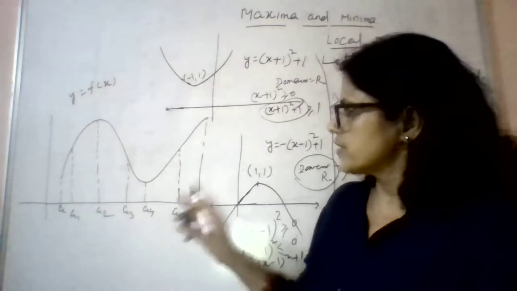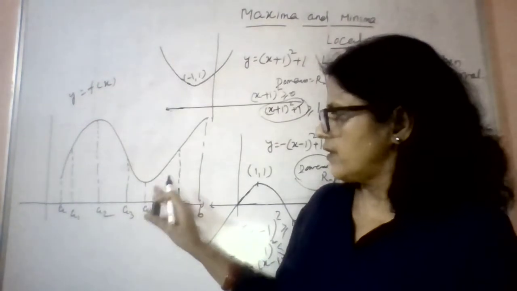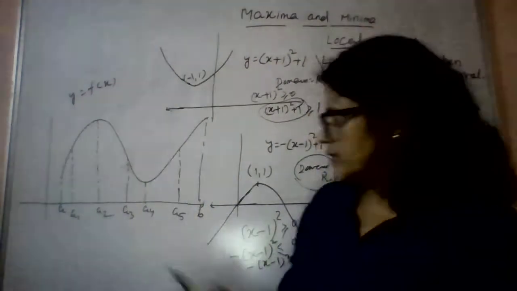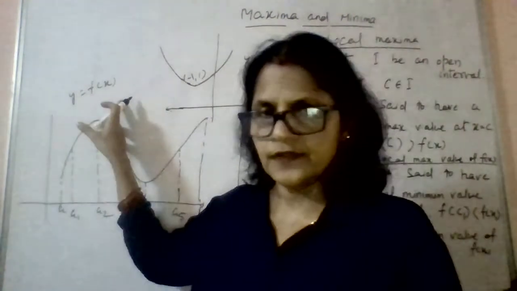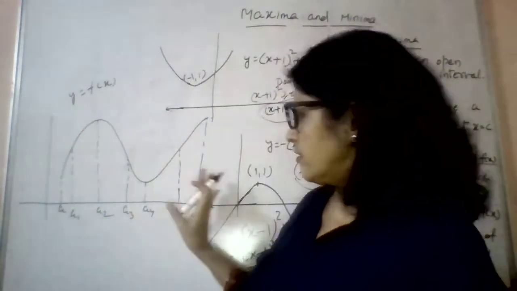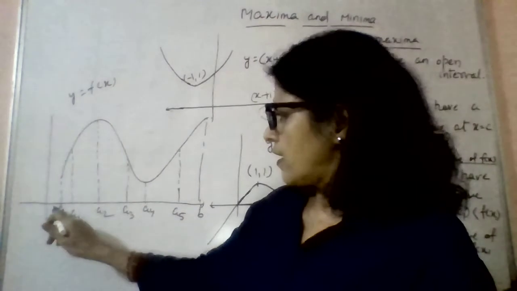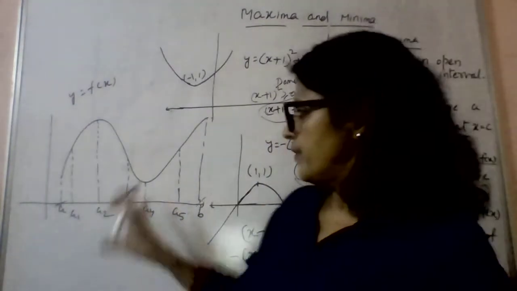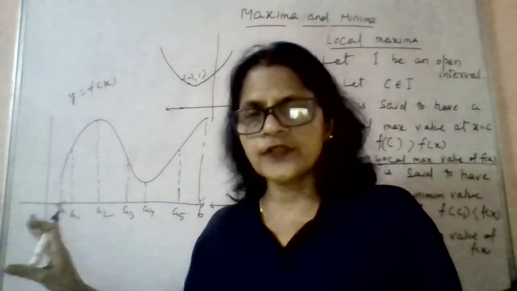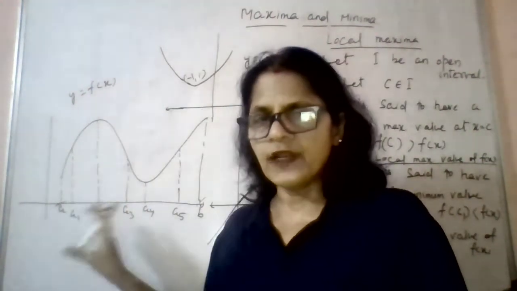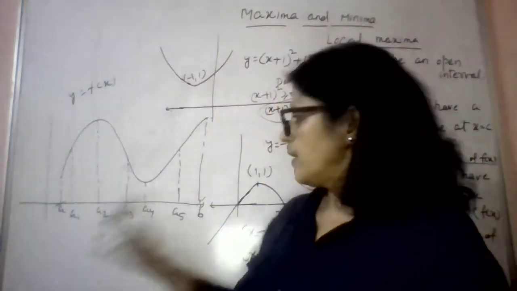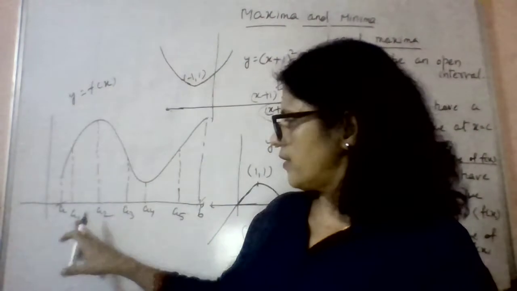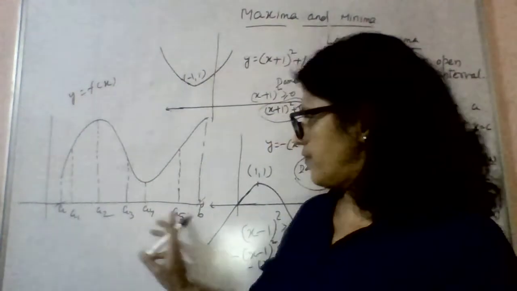Now the next one is this figure. Suppose it is y equal to f(x). I have taken this as a random function within the interval a to b. If we consider any open interval AB, I have taken here x equal to a1, a2, a3, a4, a5.